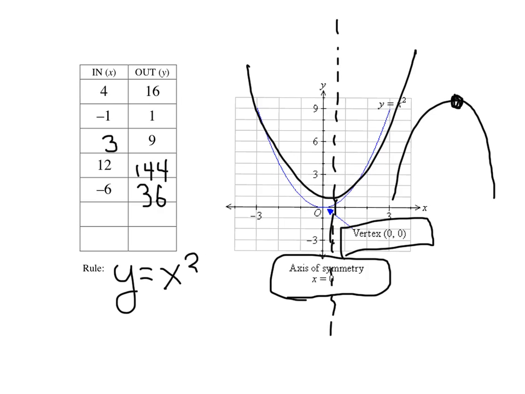So the axis of symmetry, actually my graph's a little bit off. The axis of symmetry for this parabola would be the y-axis, because the y-axis divides this parabola graph into two mirror images.